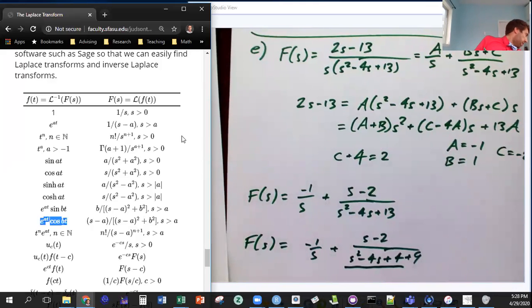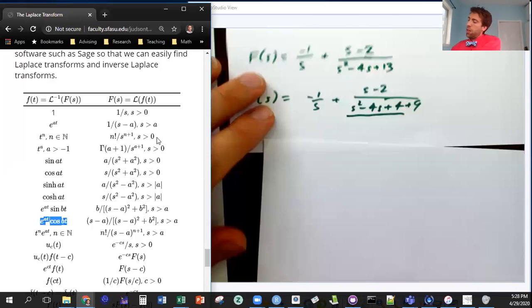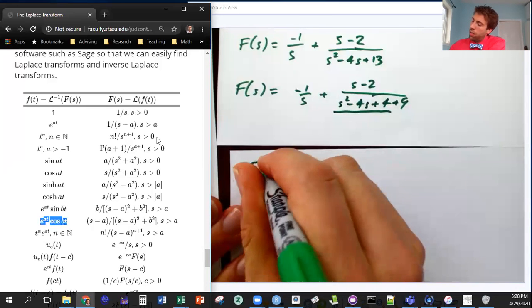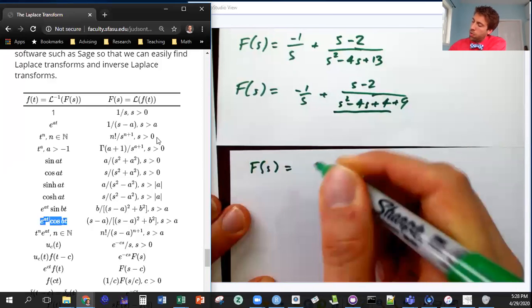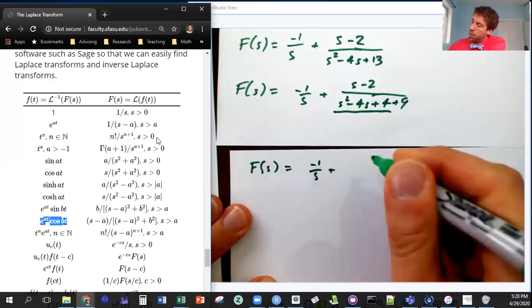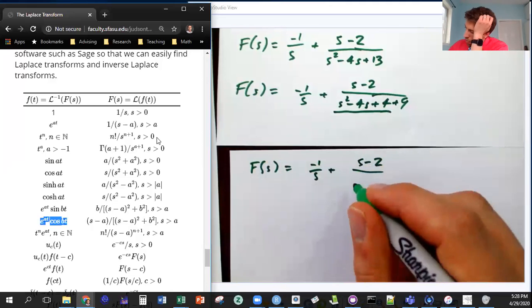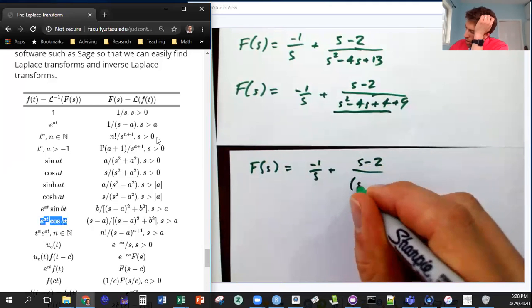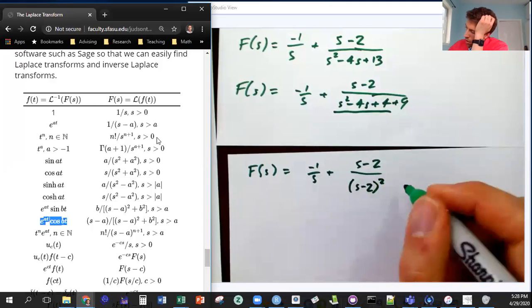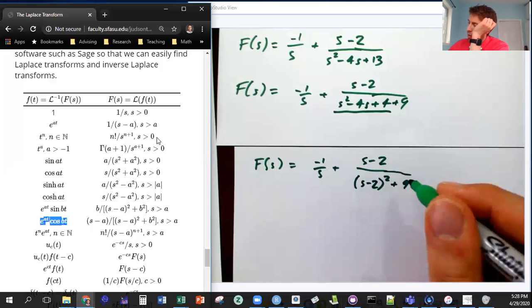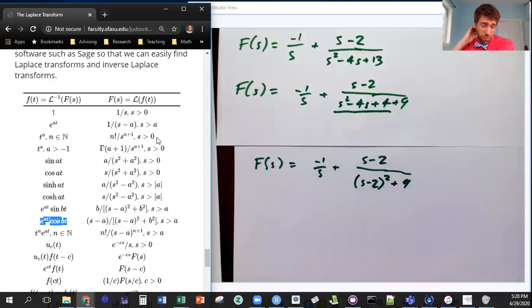So then F of s equals negative 1 over s plus s minus 2 over s minus 2 squared plus 9. And look at that.